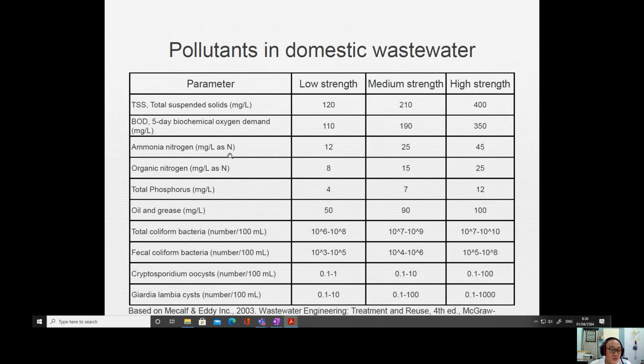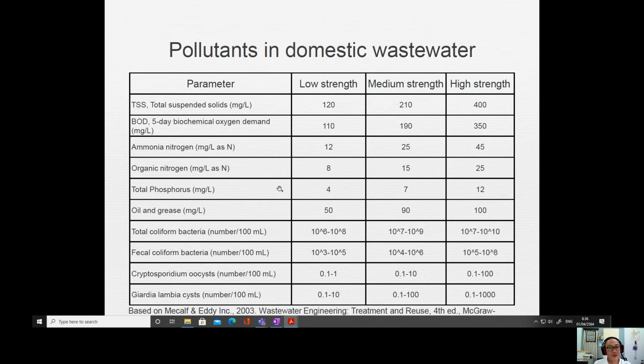It's already with respect to the molecular weight of the nitrogen, not with respect to the molecular weight of the ammonia or the organic nitrogen. So everything is expressed in terms of milligrams per liter as N. So this value can be combined.